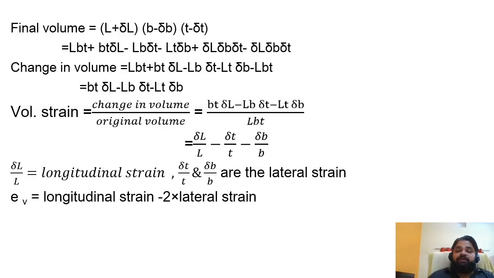Because we are taking delta T by T and delta B by B as proportional with each other. We are assuming that both are constant, they are not changing. So 2 into lateral strain comes from there only.